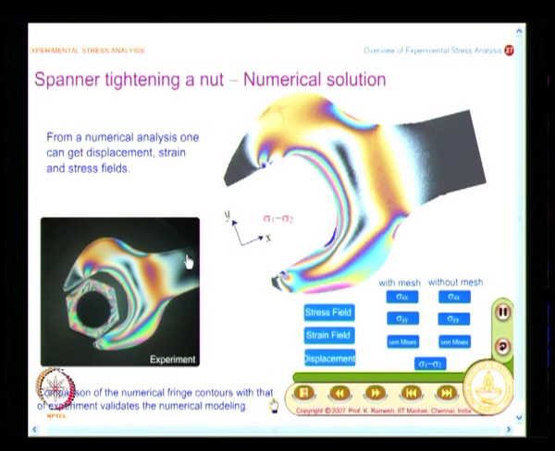It will evaluate sigma 1 minus sigma 2 and also mimic the colors that you get in an experiment, and this is plotted. An approach like this helps you to quickly come to an understanding that you have very good comparison between what you observe in the experiment and what you observe in the numerical method.